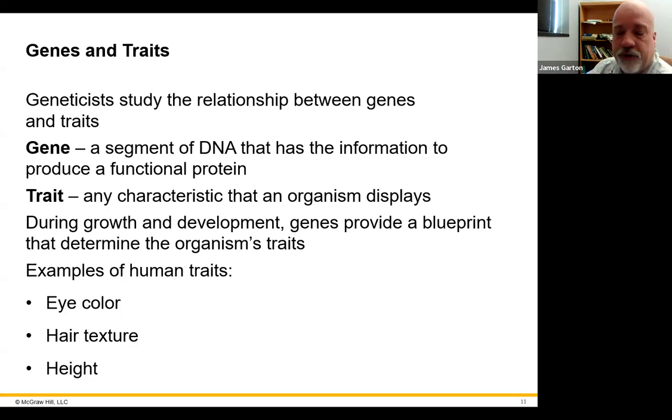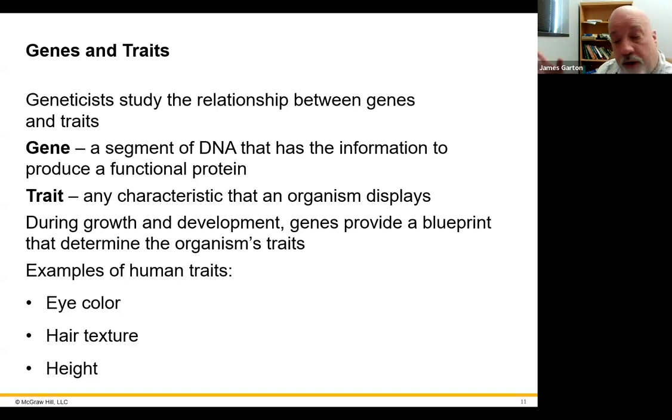During the lifespan of the organism, genes are going to encode the information that provides these traits. And this is just three very simple examples of traits. For example, you could have eye color, hair texture, height.